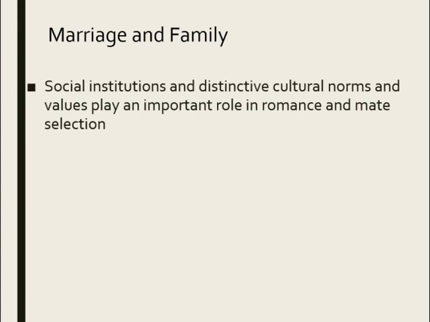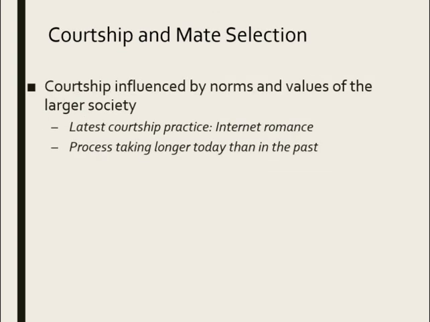Okay, so social institutions and distinctive cultural norms and values play an important role in romance and mate selection. So when you're looking for a spouse, you go through courtship. This is when you are deciding who you're going to marry, and it is actually greatly influenced by the norms and values of the larger society.